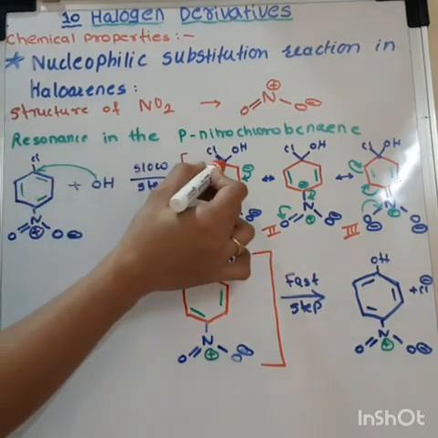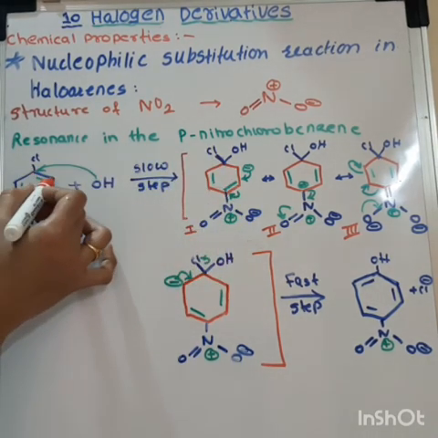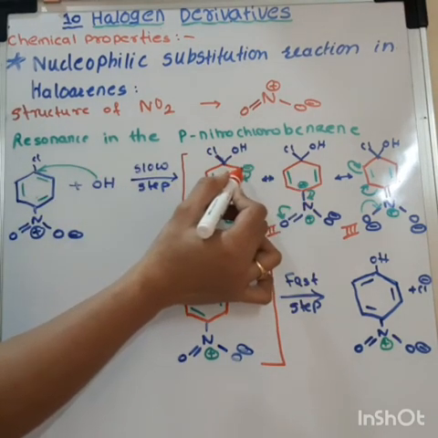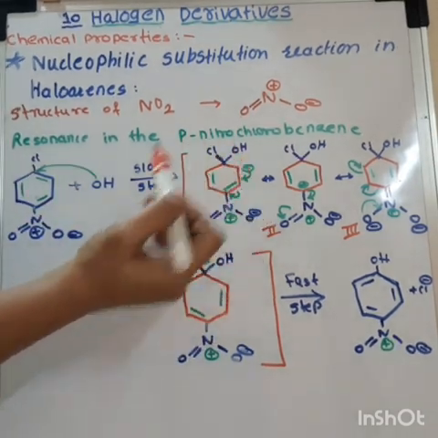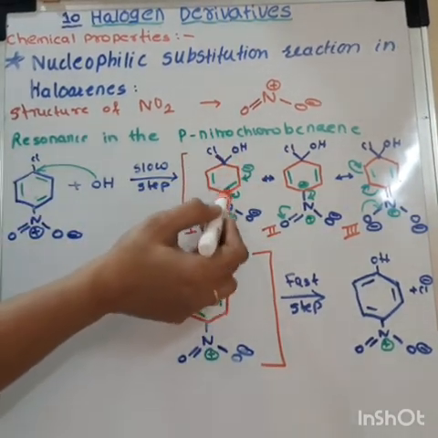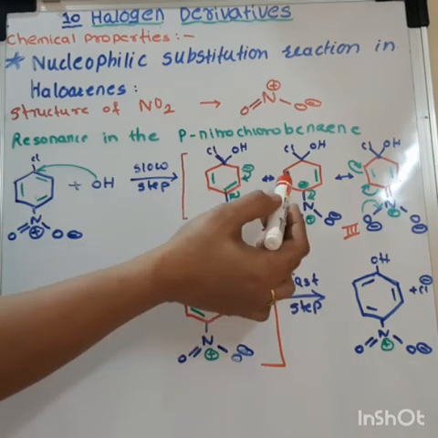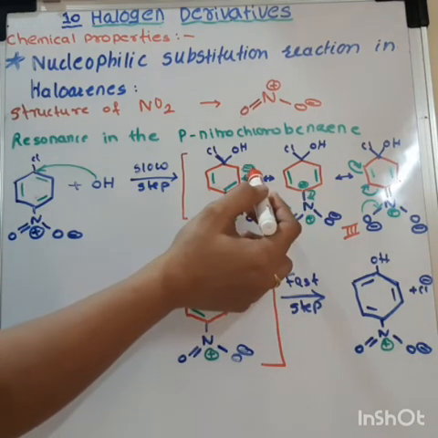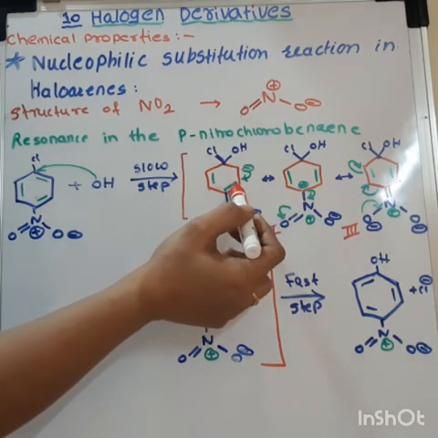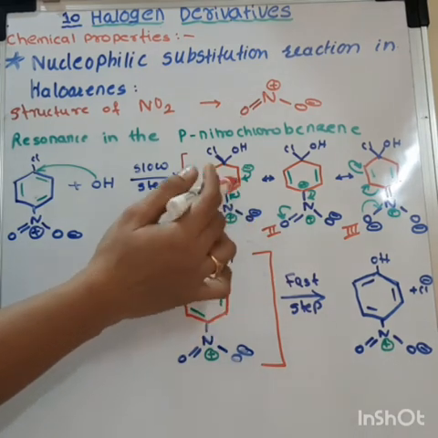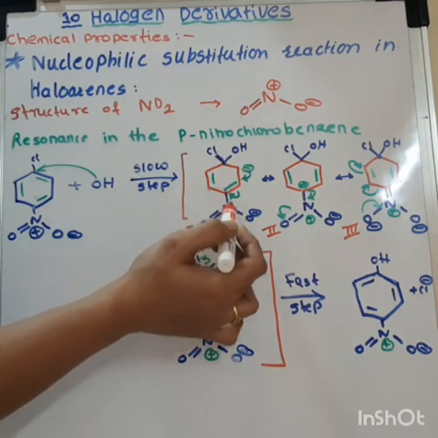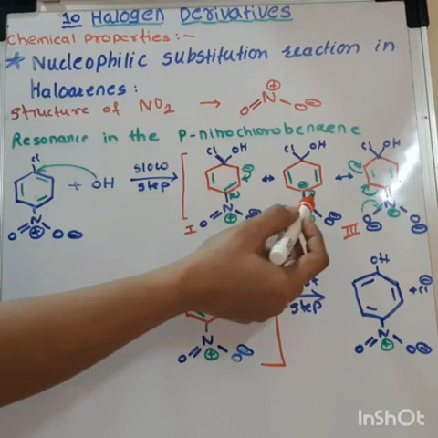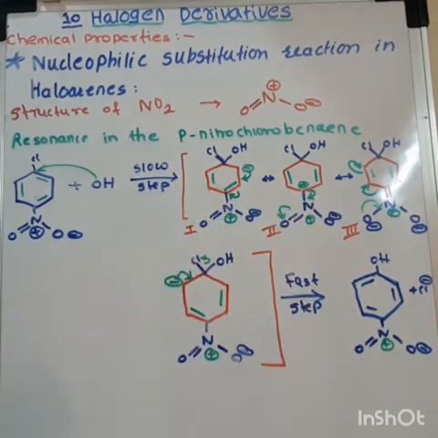Due to this, the pi bond between these two carbons will break and there will be a negative charge on carbon number 2, the ortho carbon, and resonance will start, same as in chlorobenzene. Then this negative charge will be transferred to the next carbon, and the nitro group will extend the conjugation, that is, it will abstract the electrons so that the reaction will become faster.